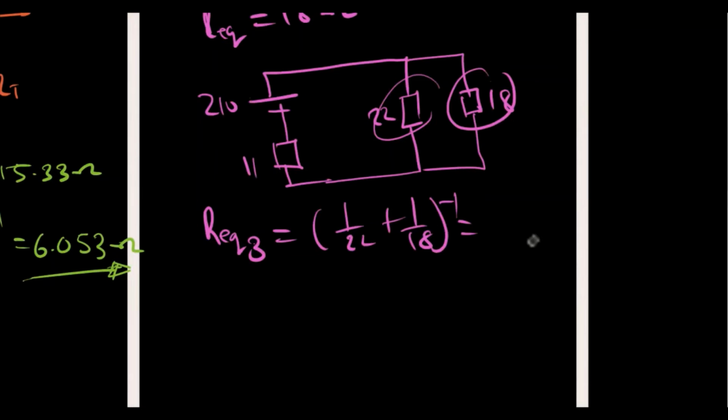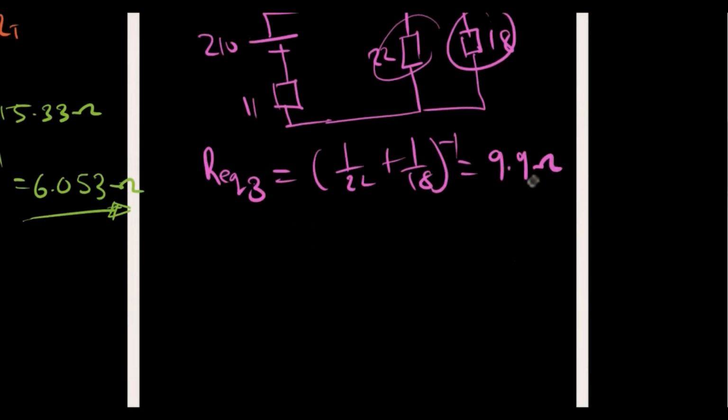That gives me an equivalent combined resistor of 9.9 ohms. Okay, I'm gonna redraw the circuit. It's always nice to redraw the circuit so you know where you are.